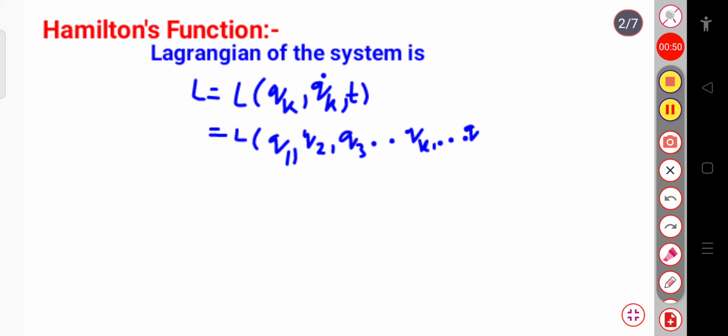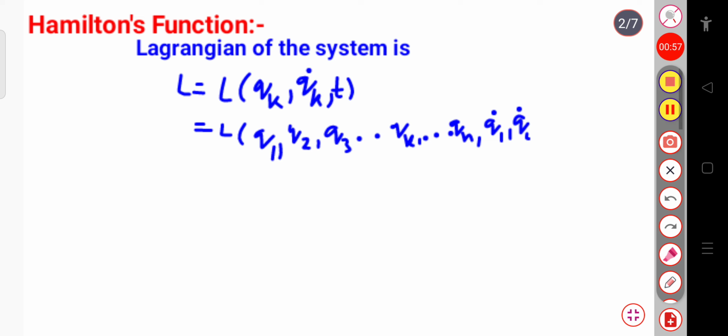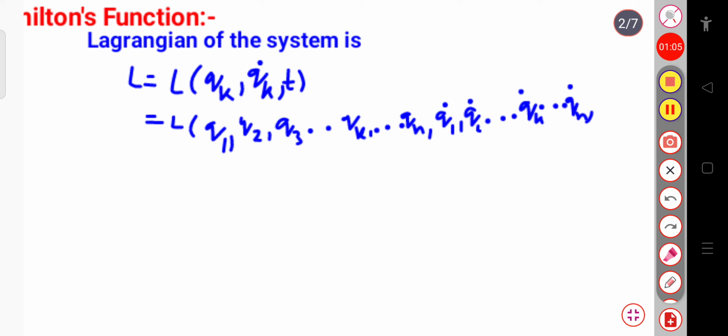And also for the qk dot I can write q1 dot, q2 dot, and so on up to qn dot. And the time coordinate is present here, so I will write time t.